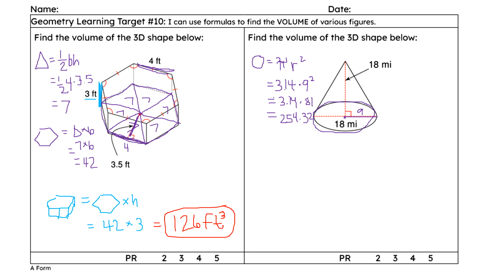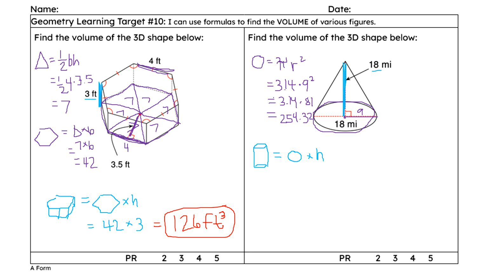Now, if I wanted to bring this up into the third dimension, I would multiply by the height of the 3D shape of the cone, in which case that's going to be 18. So the volume of the cone, if this were a full cylinder with a circle on top and circle on bottom, then you would just multiply the area of the circle times your height.